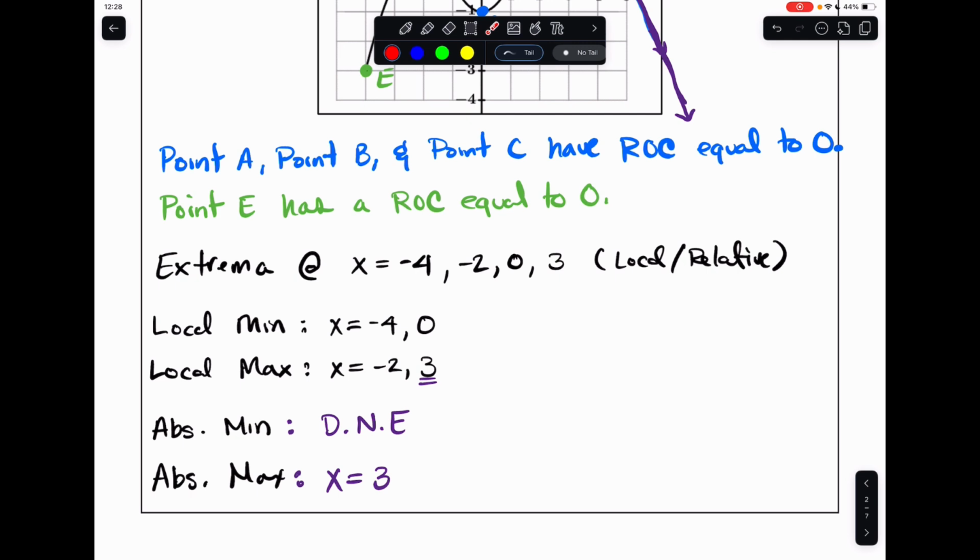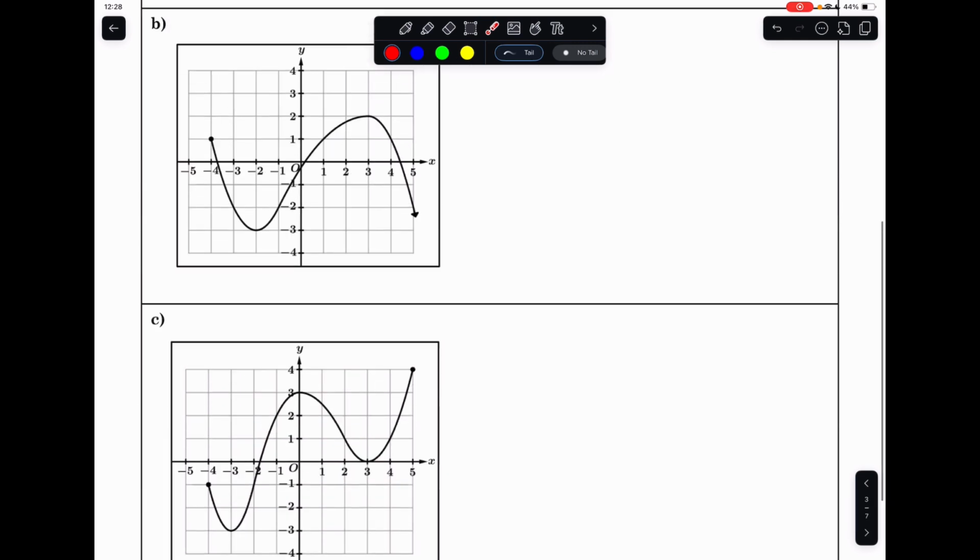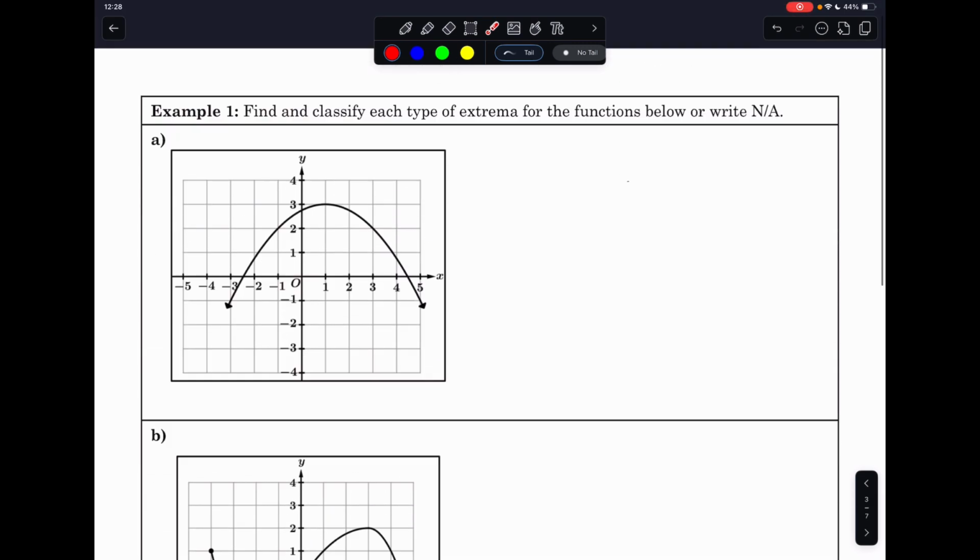So let's look at another example. So let's look at this one right here. Let's identify first of all the extrema. We're going to identify the extrema by first identifying where the rate of change is equal to 0.